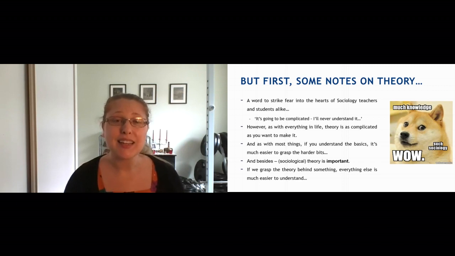So this is really a foundational lecture to give you a first taste of some of these theorists and ideas. This is not the definitive word on these theorists and these approaches, so please don't put pressure on yourself to remember absolutely everything.